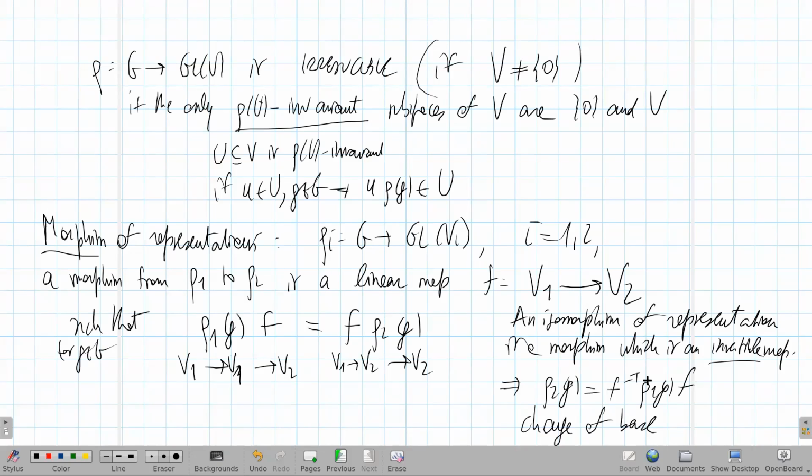And this is a good point to recall the idea of CG modules. So we have introduced the group algebra, CG.